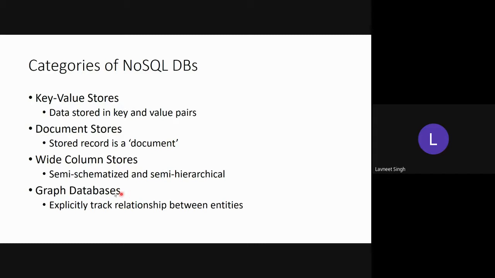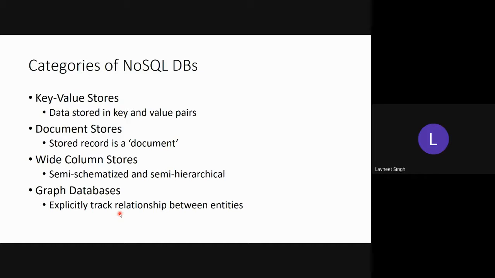Okay. And then we have the graph databases, which explicitly track the relationship between entities. Meaning the graph database tracks how two entities are related, what the relation type is. So it's like a graph data structure: one vertex linked to another vertex through an edge, and that edge is the relation's name, right?